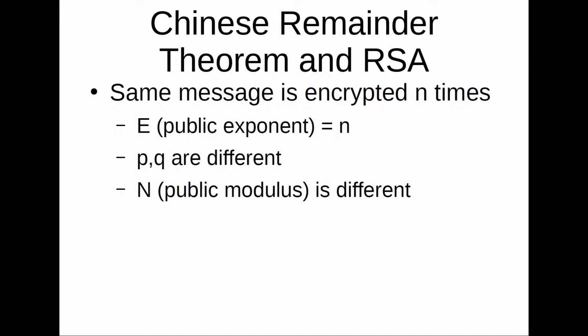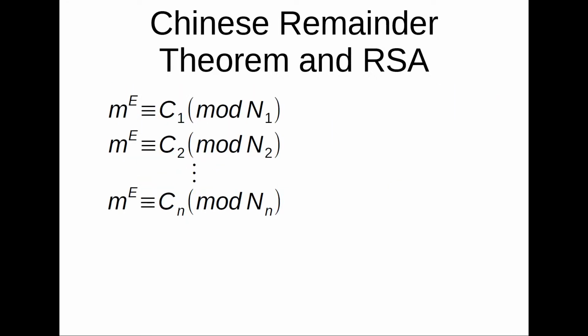This can be applied in certain cases to break RSA encryption, because if you have the same message which is encrypted multiple times, specifically it's encrypted e times, which is the public exponent, and each p and q are different, which means that each modulus is different as well, you'll end up with something like this, where you have m to the e is congruent to c1 mod n1, m to the e is also congruent to c2 mod n2, all the way to the last one, which could be more than e, so m to the e is congruent to cn mod nn.